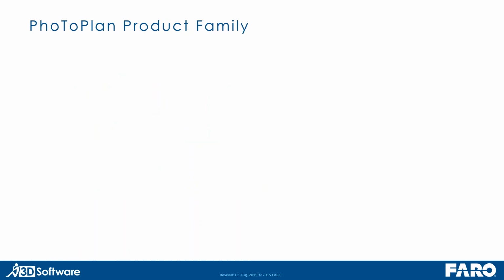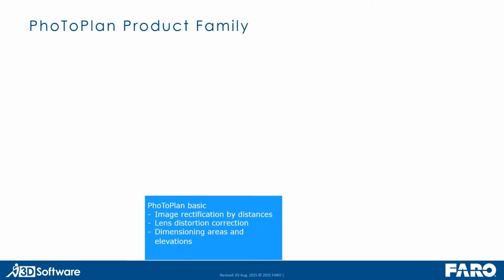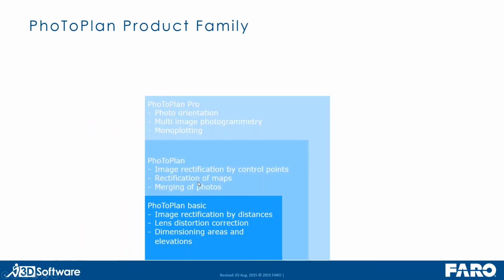So let me summarize. The Photoplan product family does consist of 4 modules. The smallest one is Photoplan Basic. Then we have Photoplan with image rectification, rectification of maps, merging of photographs, and each box does contain the smaller box.